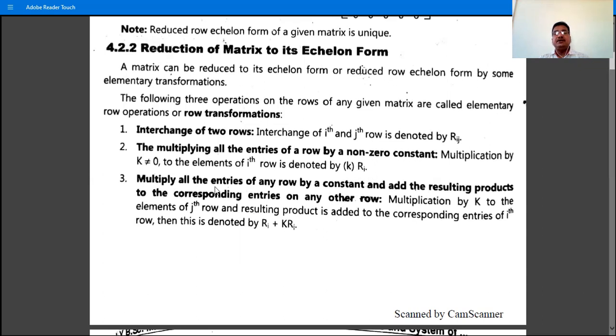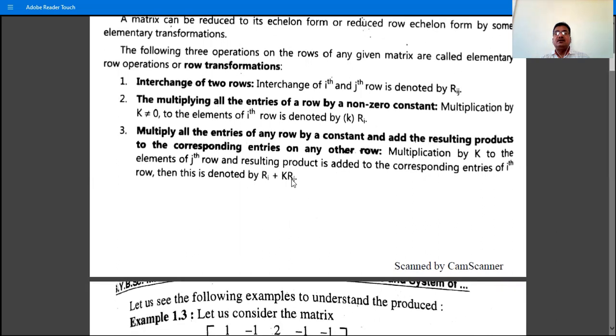And the third operation is, you can multiply any row by any constant and add it to another row. So the notation is Ri plus Krj. That is, multiply the jth row by k and add to the ith row, so the change is in the ith row.